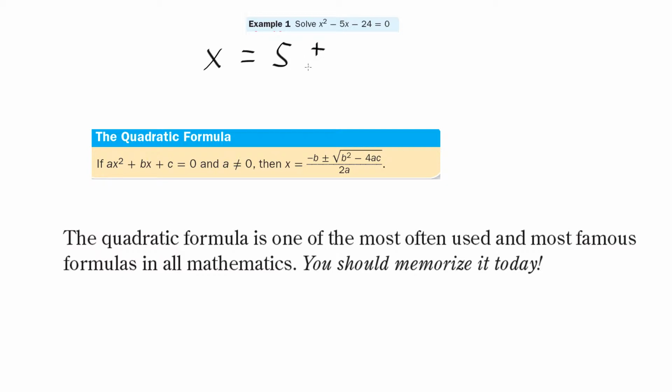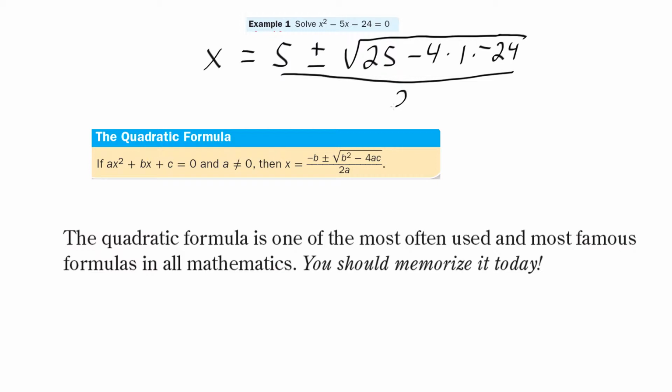That's plus or minus 5 squared is 25 minus 4 times a, which is 1, times c, which is a negative 24. And that's all over 2 times 1.